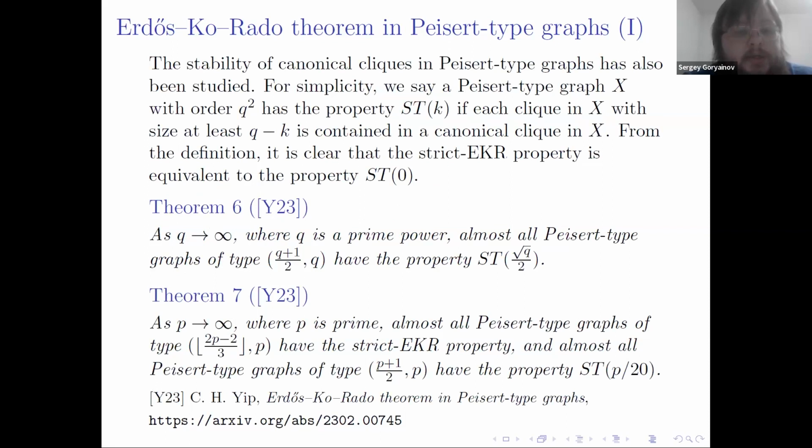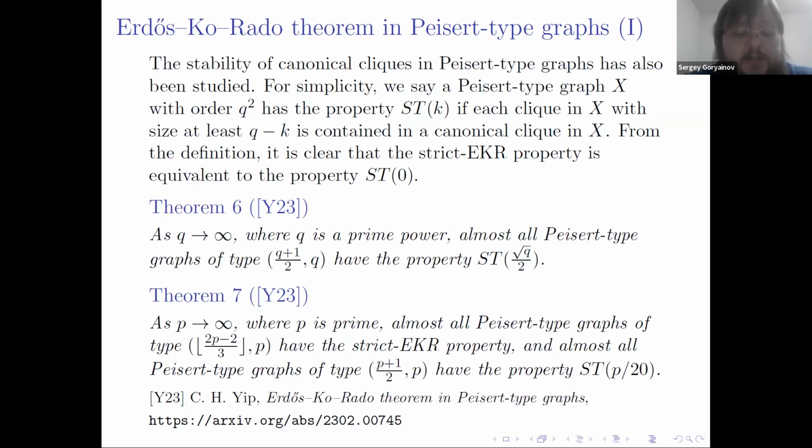As q tends to infinity, where q is a prime power, almost all Paley type graphs of type ((q+1)/2, q), that is, the number of slopes is half of the total number of slopes, have the property St(√q/2).